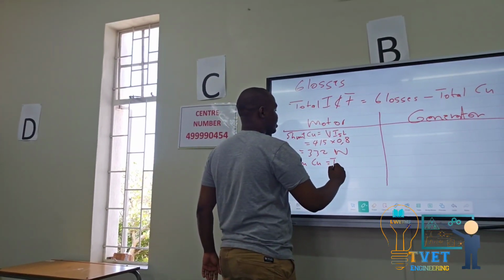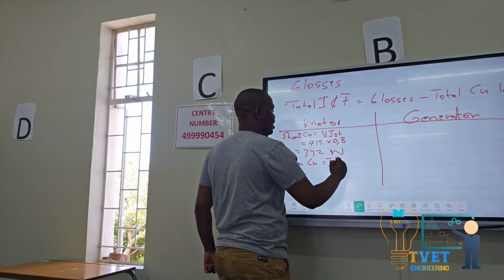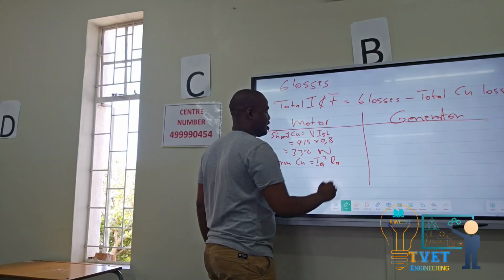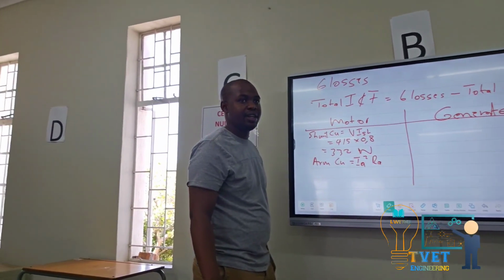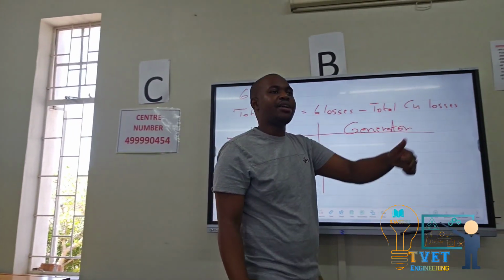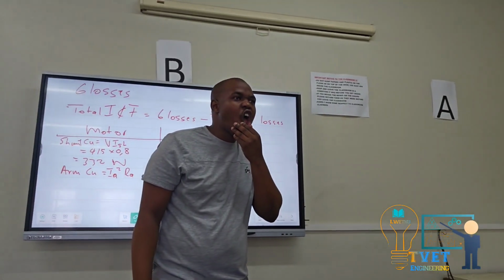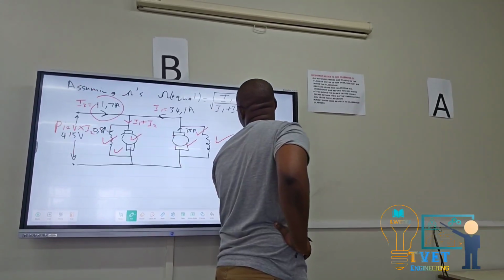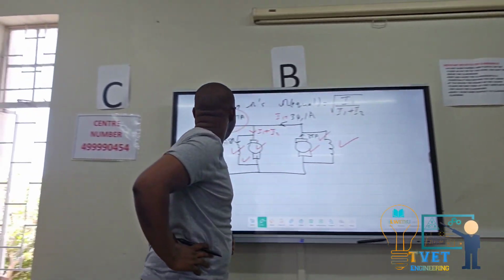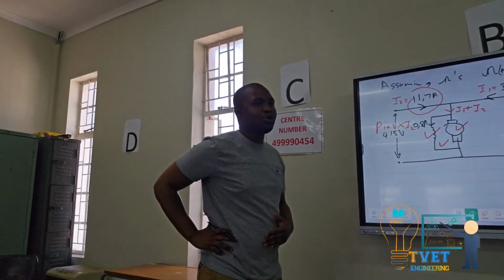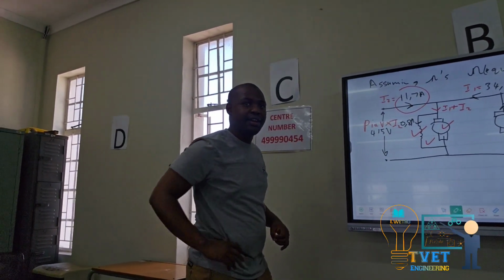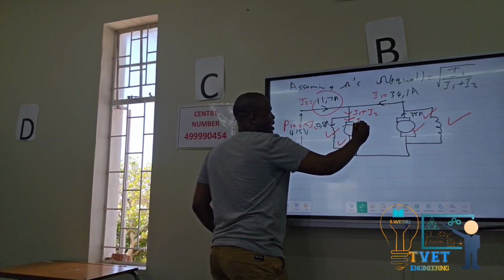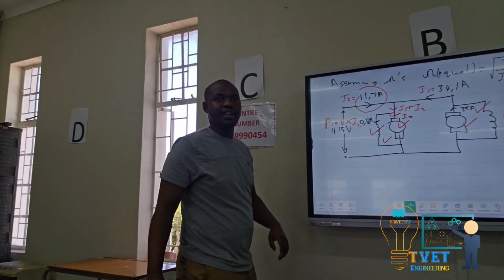Armature copper loss of the motor is the armature current and the armature resistance. Do we have the armature current of the motor? Let us go to our diagram again. Do we have the armature current of the motor? No. The armature current of the motor is up there.